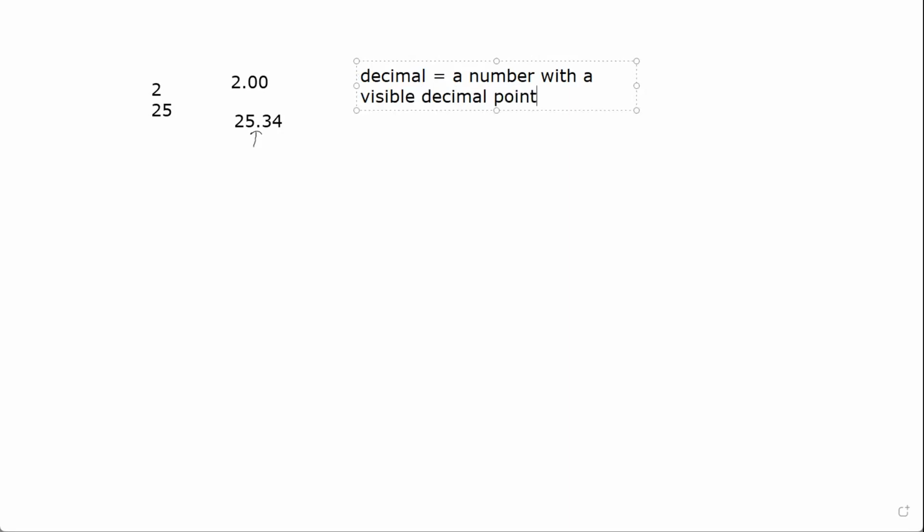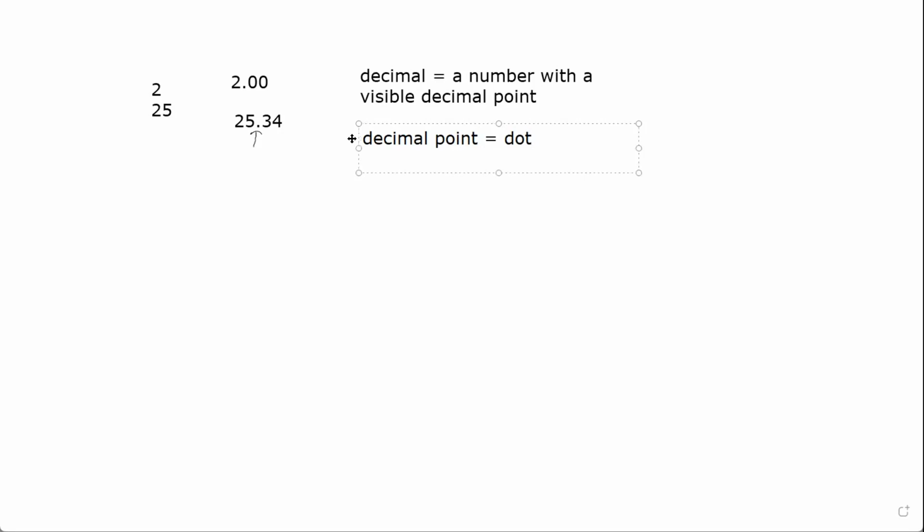Or I could be talking about the decimal point itself, the actual dot that you see there.